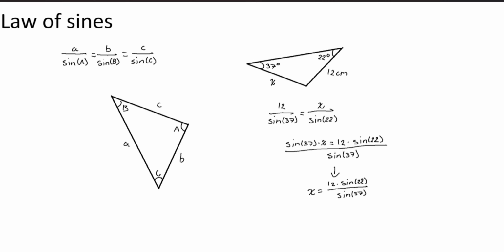Now if I do this in my calculator, 12 times the sine of 22 divided by sine of 37, that's about 7.5. It's like 7.46 and a bunch of other numbers. We're going to say 7.5.